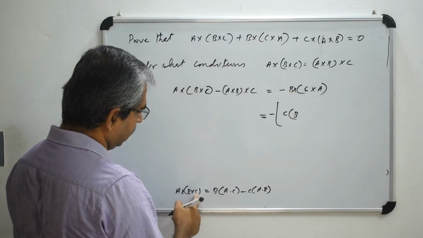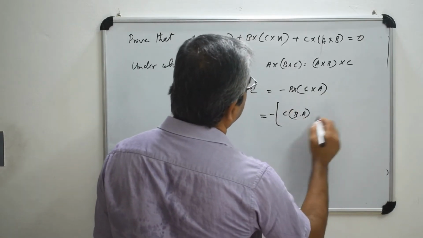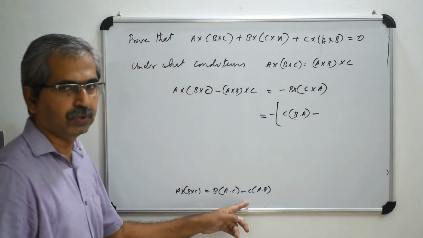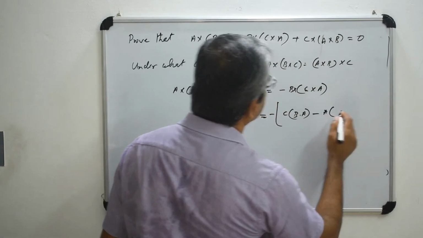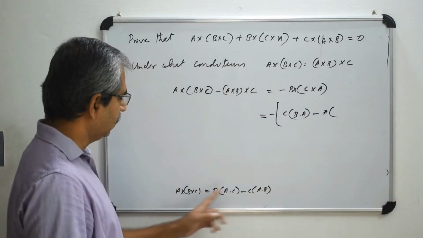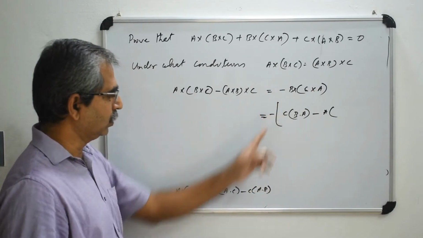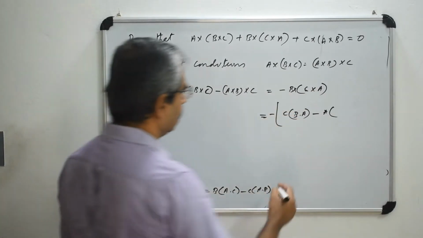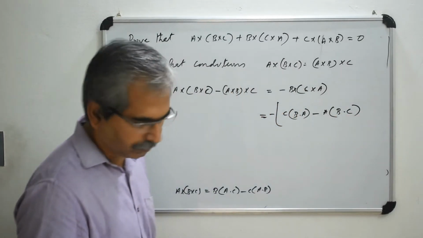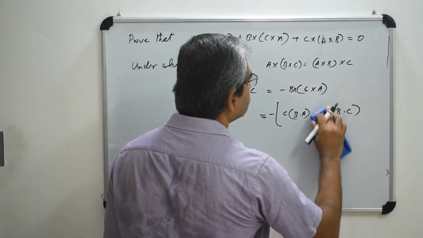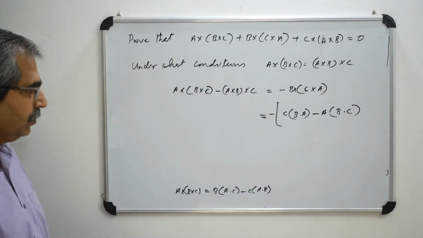Then in place of the C we have A, that is B dot A. Then minus, next one is C, the third position, that is A into, in place of C we have A, and in the A dot B, in place of A we have B. So that is equal to B dot C, into B dot C.